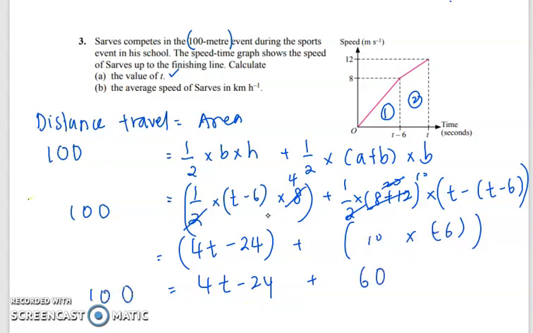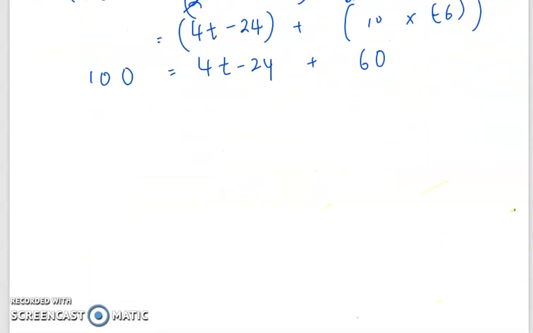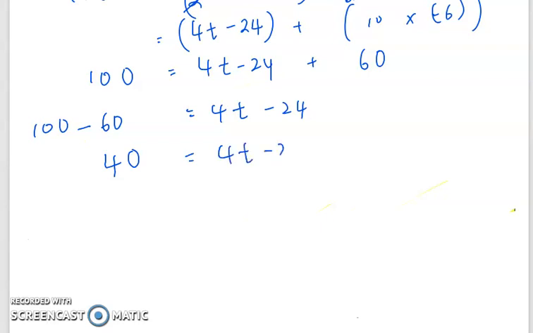Okay, we still have 100 over here. So 100 equals 4t minus 24 plus 60. Move 60 to the other side, it becomes minus 60. So 100 minus 60, we get 40. So 40 equals 4t minus 24.